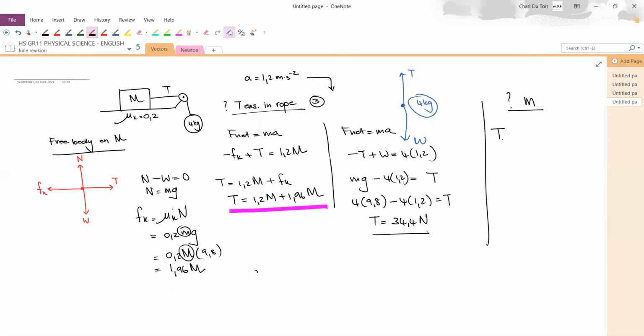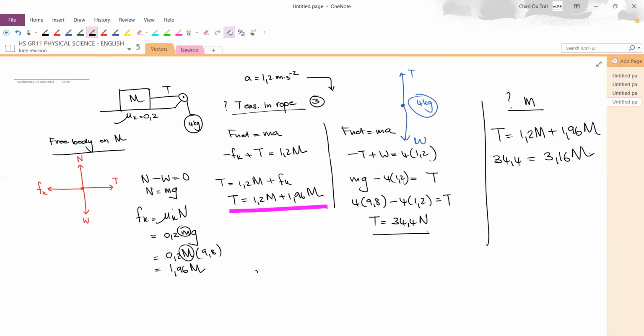So I can just say tension equals 1.2 M plus 1.96 M. 34.4 equals 3.16 M. The tension is steady, and then I can just divide that by 3.16.